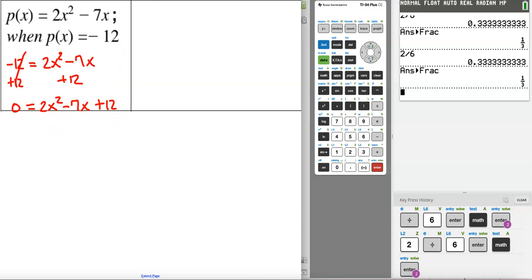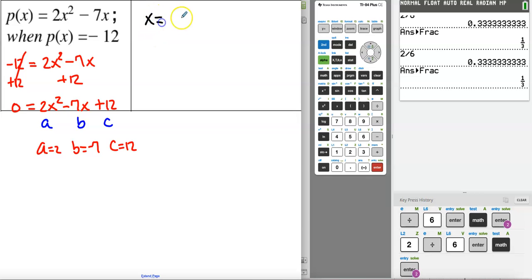Okay, so now I have my setup to where this is my A term, this is my B term, and this is my C term. So my A is equal to 2, my B is equal to negative 7, and my C is equal to positive 12. So use the quadratic formula to solve for x.